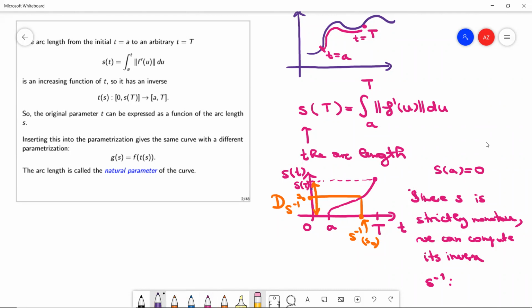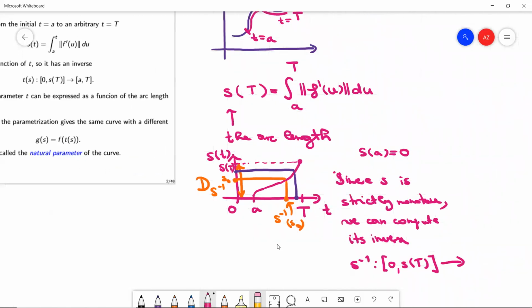So let's say that we take here one point. What will be the value of the inverse at this point? It will be just the corresponding t. So the inverse, in fact, maps from 0 to s of capital T, this orange interval, back into the interval from a to T. So what is this inverse s inverse?